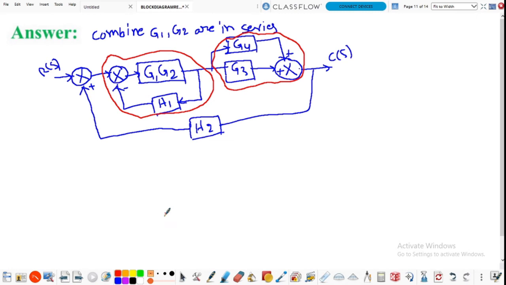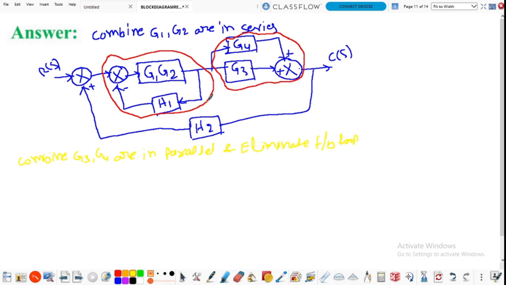Next step, combine G3 and G4 in parallel and at the same time reduce the minor feedback loop.